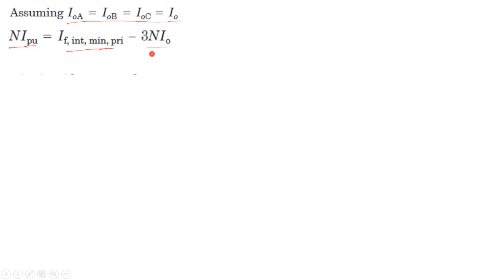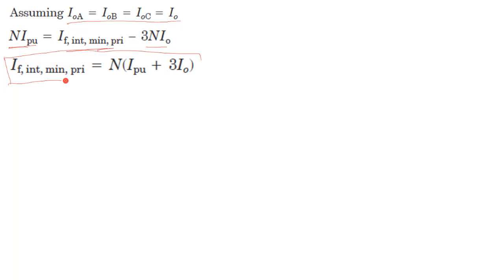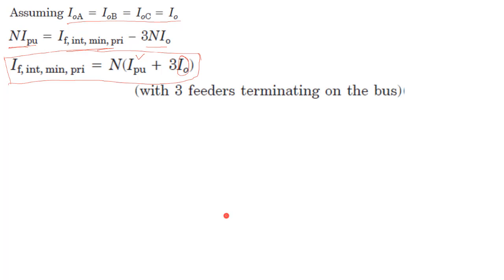From this equation I can find the expression for the minimum internal fault current at the primary side, which is equal to N times I pickup plus 3 IO. IO is your magnetization current in each of the CTs. It is assumed that all the CTs have equal magnetization current.